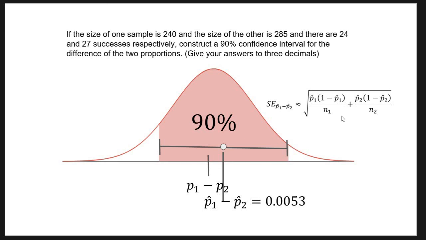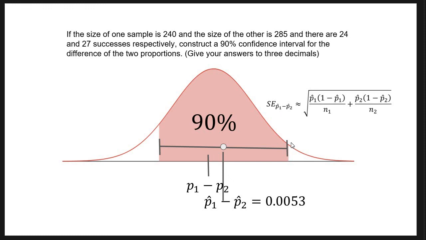So as long as the success-failure condition holds in both samples, this will be my standard deviation for my sampling distribution, or my standard error for the P1 hats minus P2 hats, that difference of proportions.